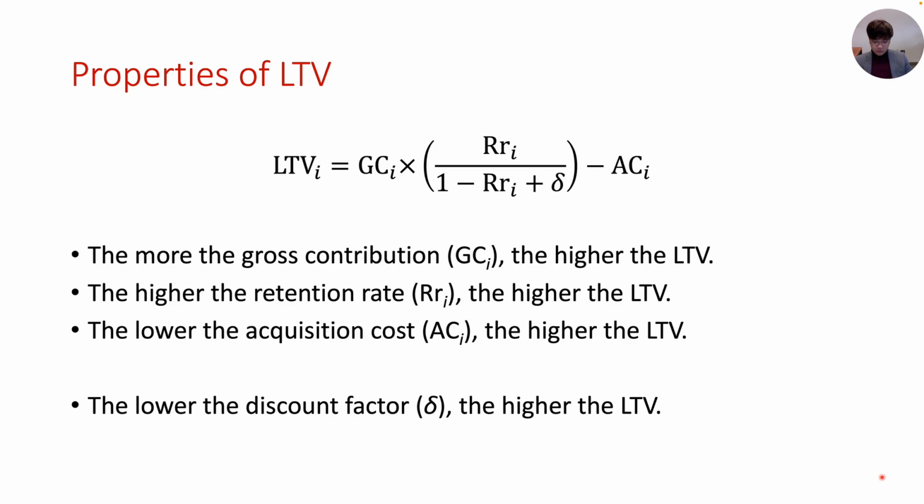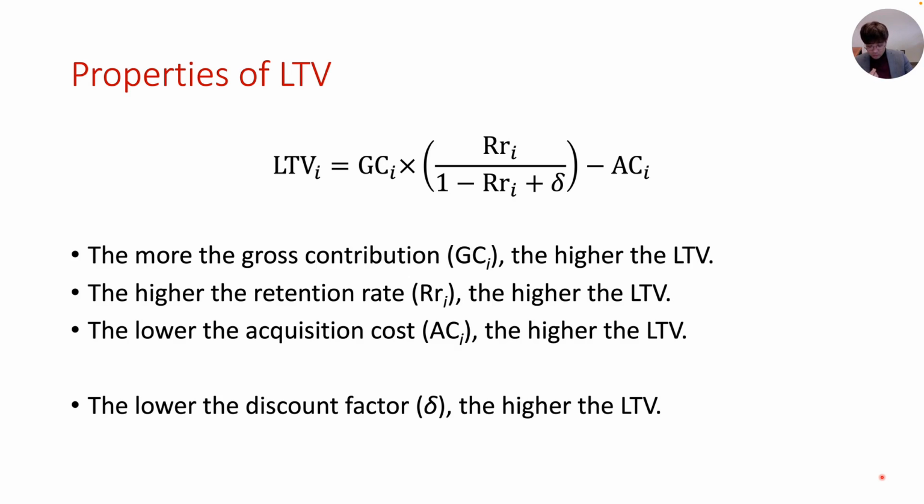This is straightforward because the gross contribution is the amount of profit. Second, the higher the retention rate, the higher the LTV. A high retention rate means there is a high chance to keep customers, so high LTV is expected.